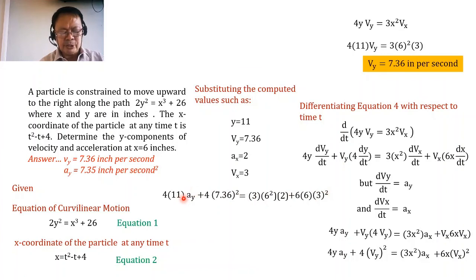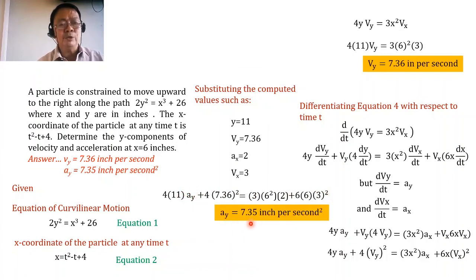And so from here you have one unknown, which is our a sub y, and that a sub y, when substituted and computed, will be equal to 7.35 inch per second squared.